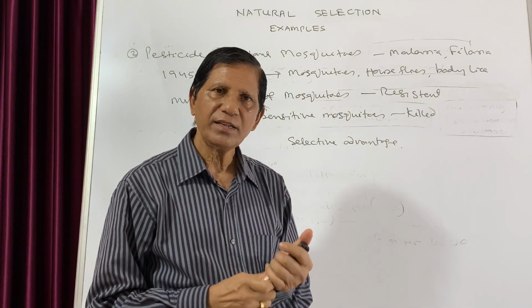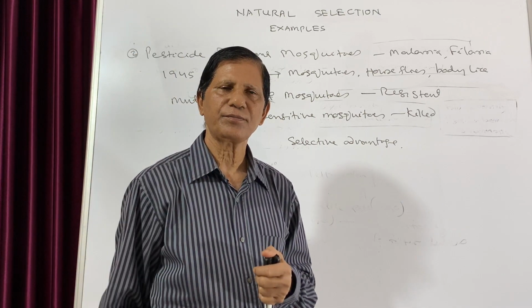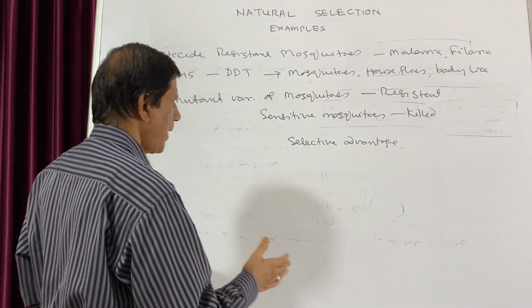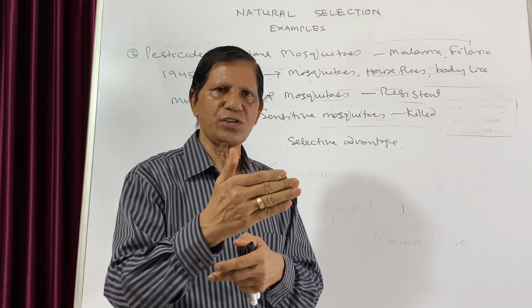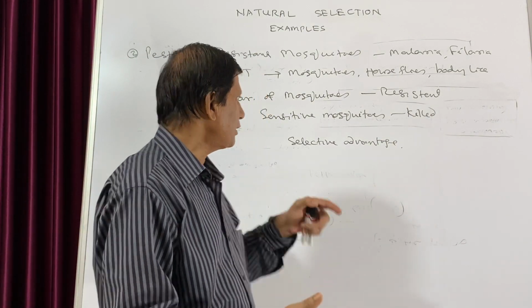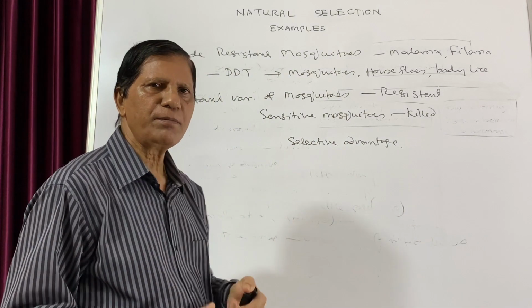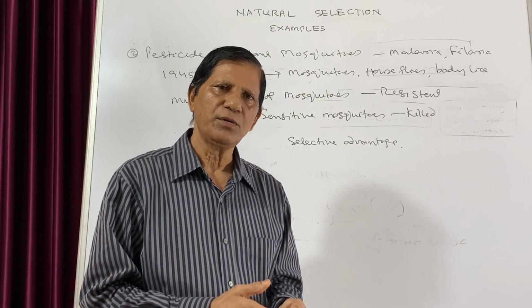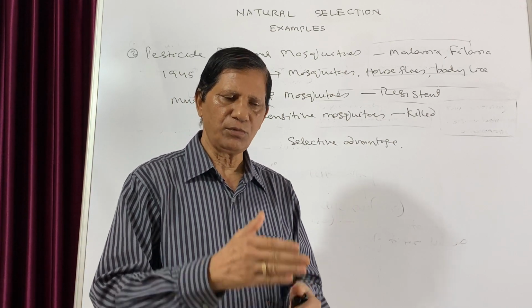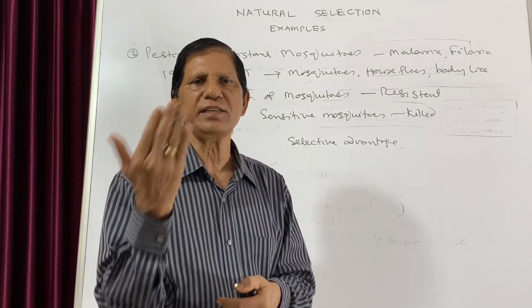As a result, their number increased rapidly. This is how evolution takes place, and these mosquitoes became resistant to DDT. That means they were already present. With the change of the condition, one variety dominates the other.